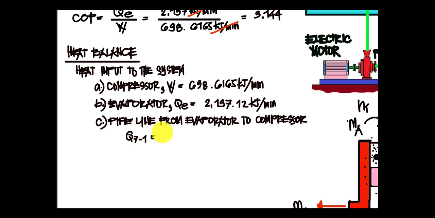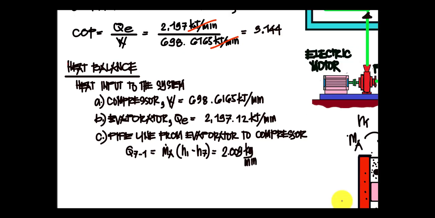to 1. That will be equal to the mass flow rate of your ammonia multiplied by the change in enthalpy from point 1 to point 7. The mass flow rate of ammonia is 2.009 kilogram per minute.